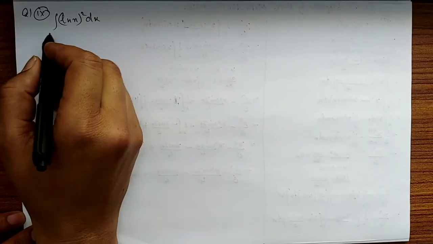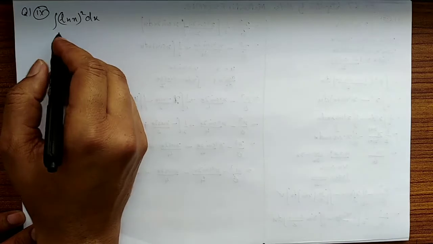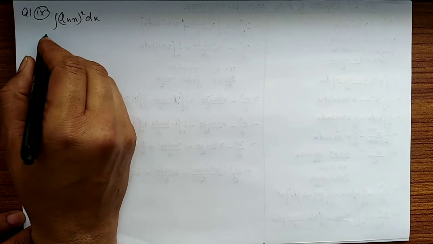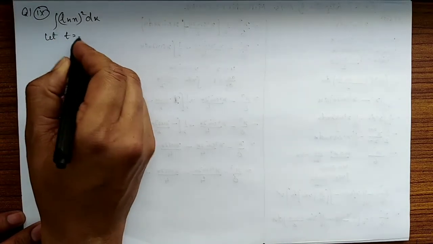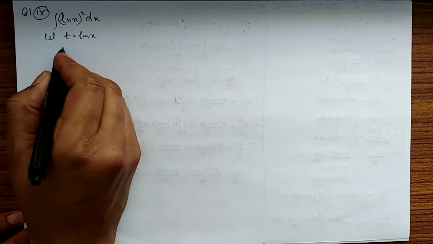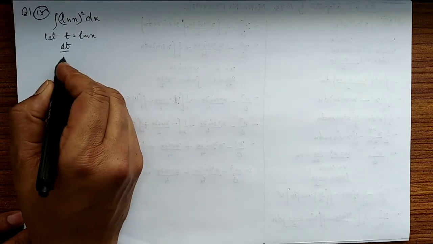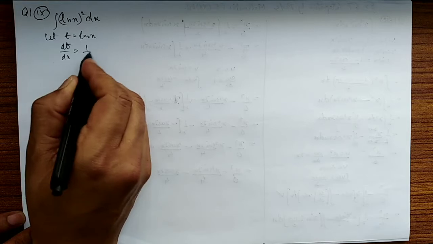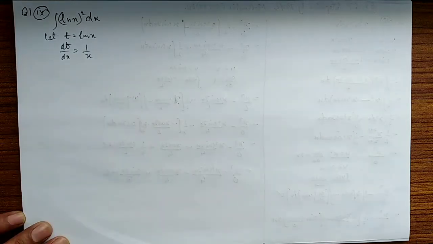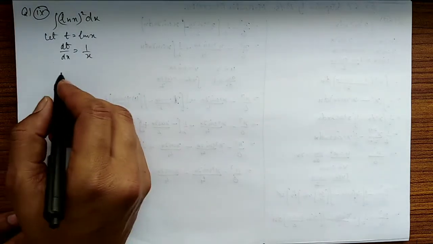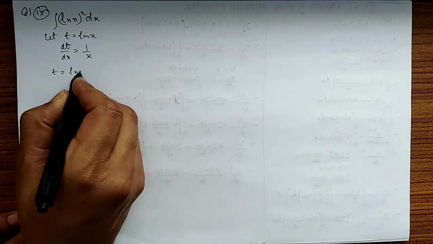Okay, the next question, which is the ninth part of question number 1. Let's consider t equals ln x. Taking the derivative, dt upon dx is equal to 1 upon x. Now we have supposed that t equals ln x.